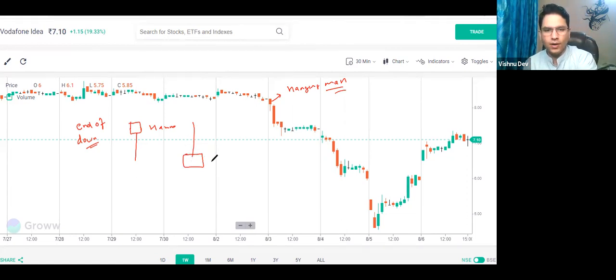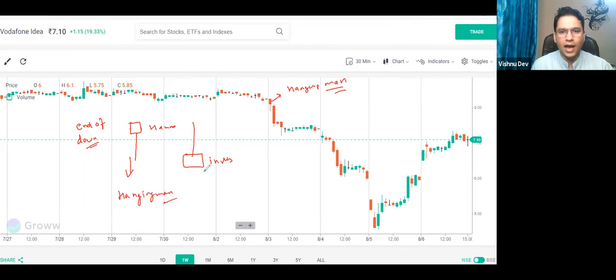This is also called an inverted hammer if it is formed at the end of the downtrend. But if this is formed at the start of a downtrend, then it is called a hanging man. Hammer is called hanging man, and inverted hammer is called shooting star.